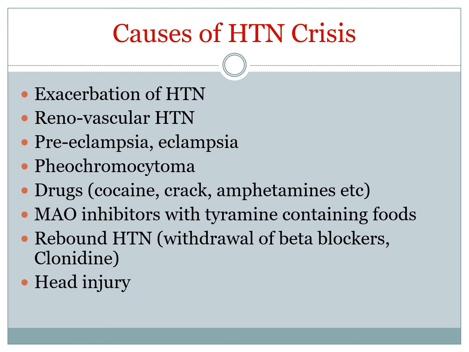As we mentioned, hypertensive crisis occurs most commonly in patients with a history of hypertension who have failed to comply with their prescribed medications or who have been undermedicated. But there are other causes as well, and they are listed here, and we will talk about a few of these in more detail.